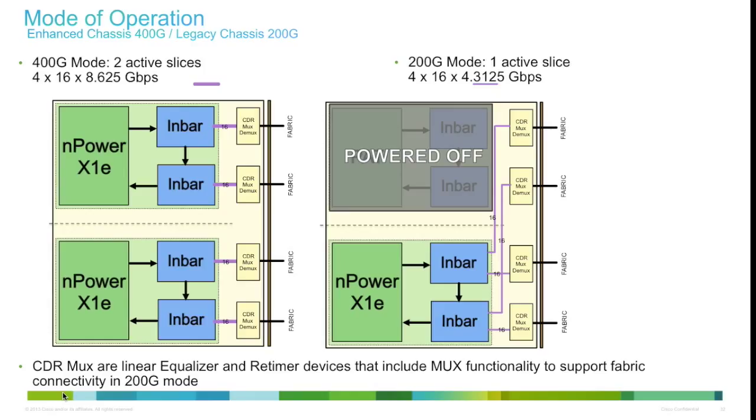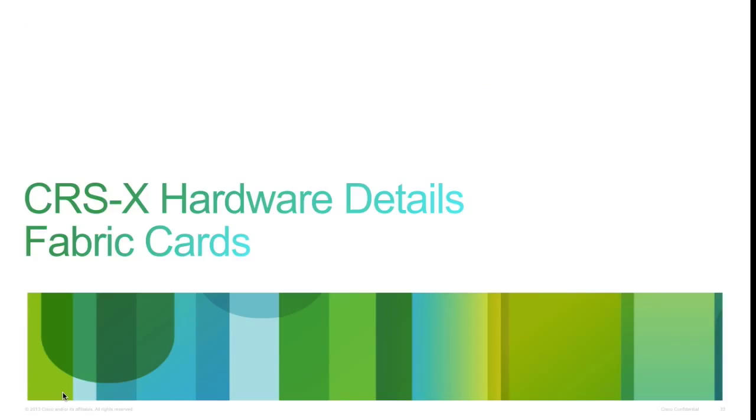And for that, we will use 16 connections at 4.3, so it will be at half the speed but twice the number of connections to the fabric. And for that we'll use the CDR described here to spread the load inside the system.